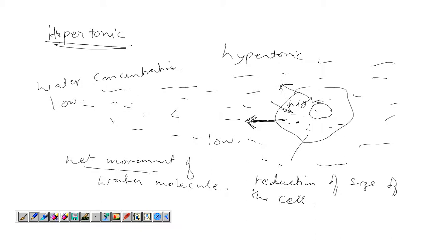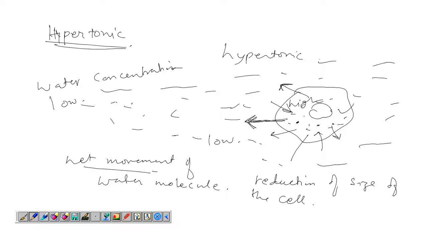Even if there is no net movement, movements are still taking place through the SPM. But what is most important is what happens after the process completes. If after completion there is a change in the concentration of water inside or outside, then there is a net movement.